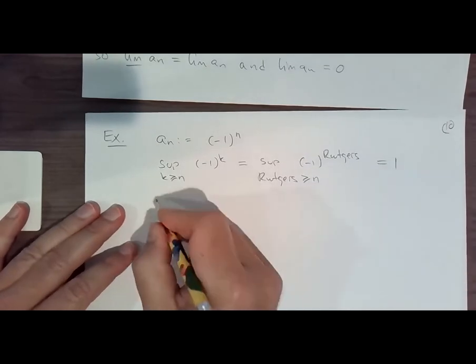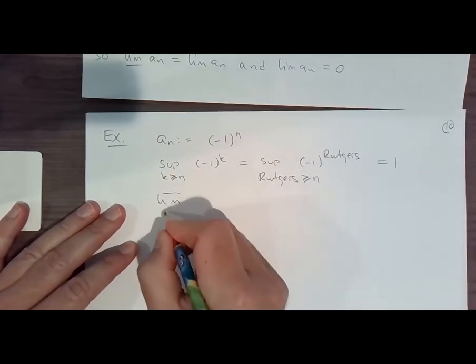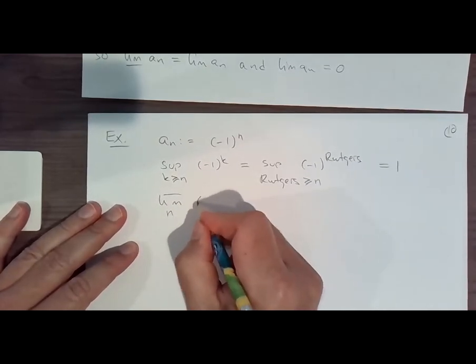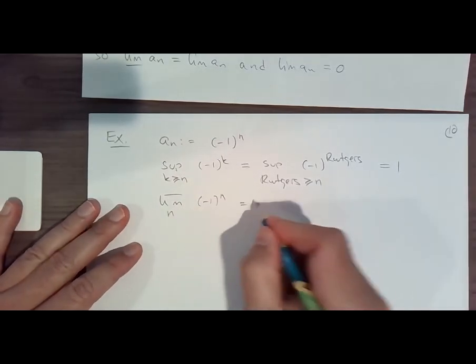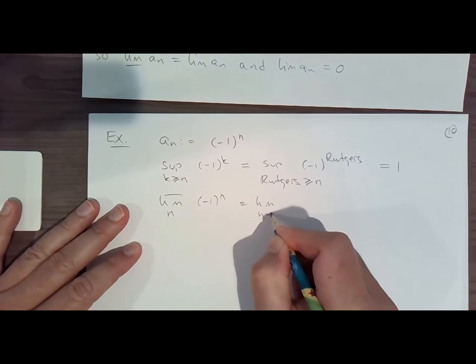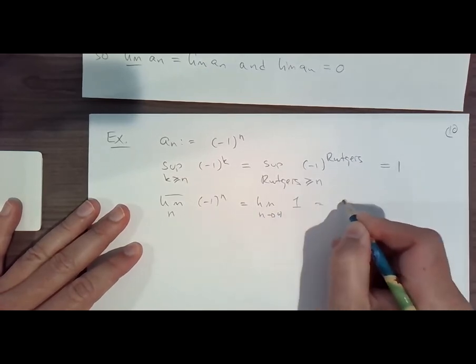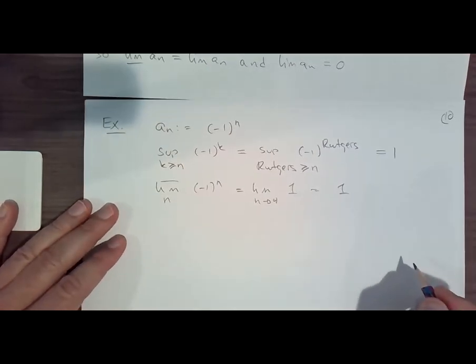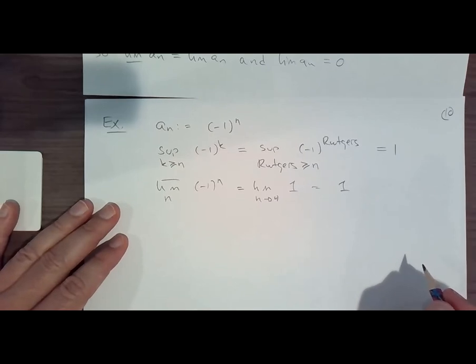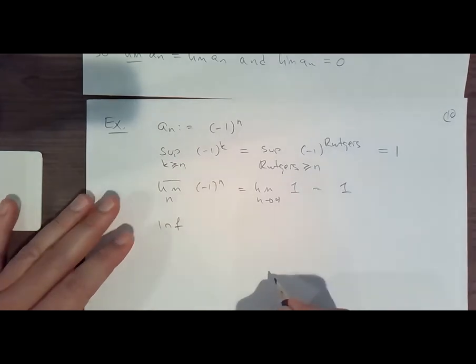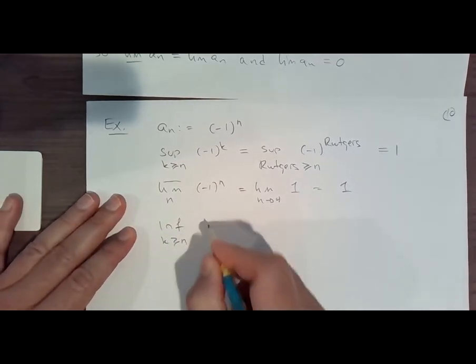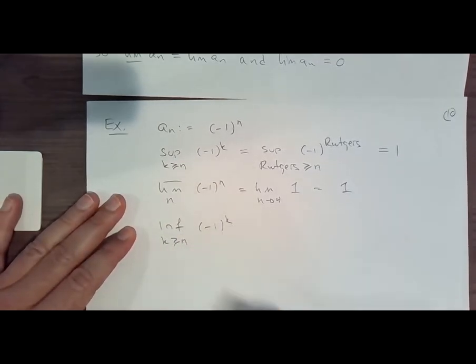So then I'll take the lim sup of minus 1 to the power n. This is equal to the limit as n goes to infinity of a bunch of 1s. This is a 1. Okay, so now I do the infimum of minus 1 to the power k.